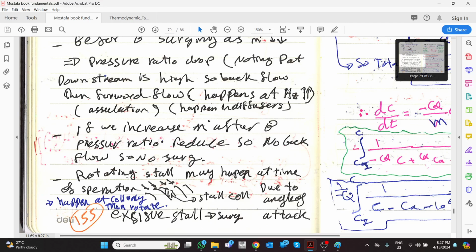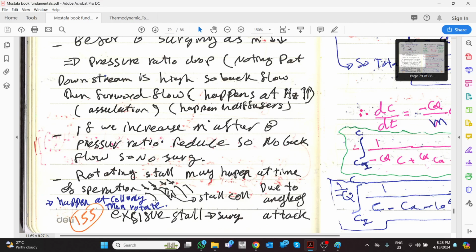When a rotating stall is going to happen, it is at the time of separation. Remember, stall is separation, caused by what we already discussed: pressure is higher after, so some reverse vortex can happen. The stall is rotated from vane to vane, the same condition, because it's the same problem.